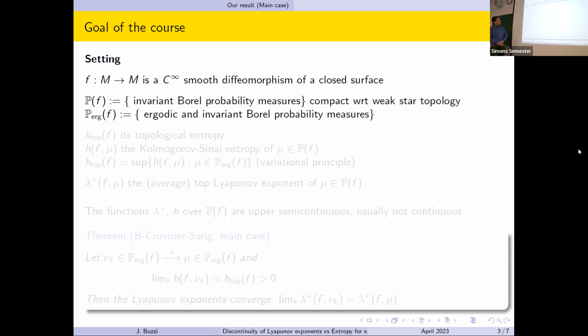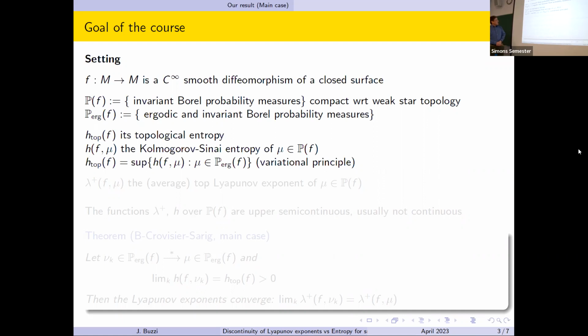And often I am interested in the subset of ergodic measures, Erg of F. I will consider a number of different kinds of entropies. To state the result, I need the two basic dynamical entropies. The first one is the topological entropy, which counts, in some sense, all orbits.